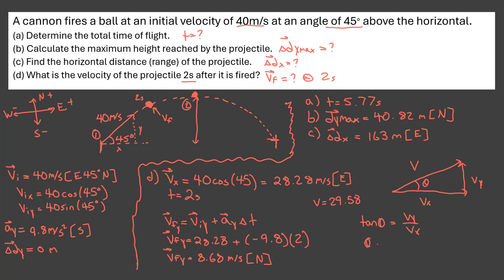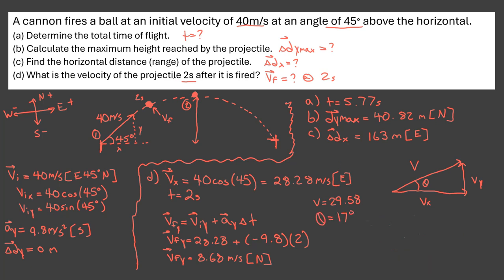And then I'll need to take the inverse tan, right? Which will look like this, with my Vy, which is 8.68, over my Vx, which is 28.28. When I punch it in my calculator, I get an angle of about 17 degrees.